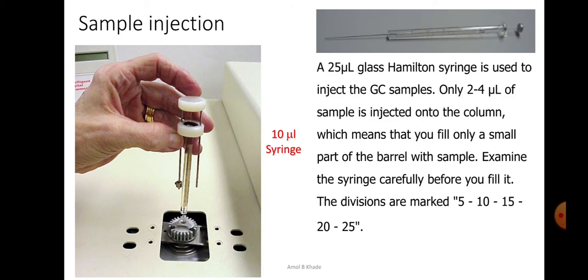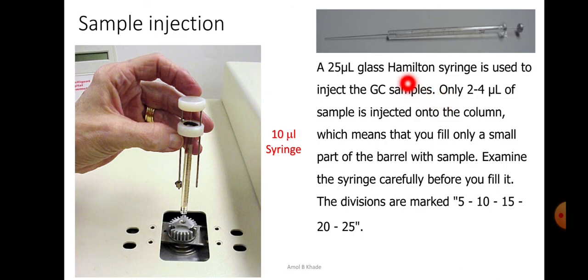This is a Hamilton syringe, which we have shown in this diagram. It has a flat-end needle rather than a pointed one, and usually comes in a capacity of 25 microliters. Only 2 to 4 microliters of sample we need to inject in a column. That is usually sufficient, and we have to examine exactly how much we are incorporating.